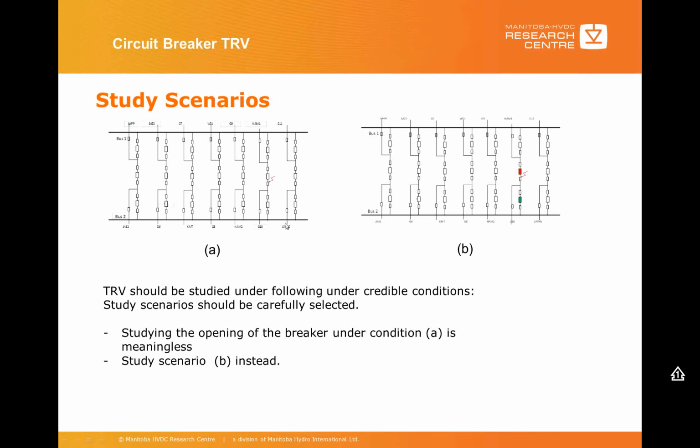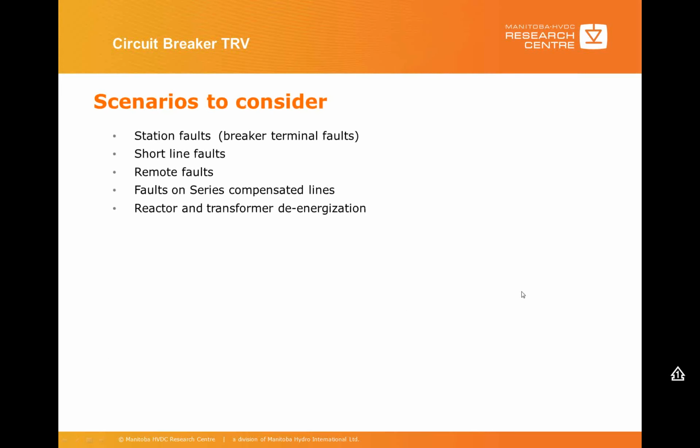For example, if all the breakers are closed and you apply a fault close to the breaker, which is called breaker terminal fault, as long as everything is connected, you won't see any kind of transient voltage across the breaker, but you have to ensure during the breaker opening that you isolated two systems, right? So this is something you have to consider during the simulation.